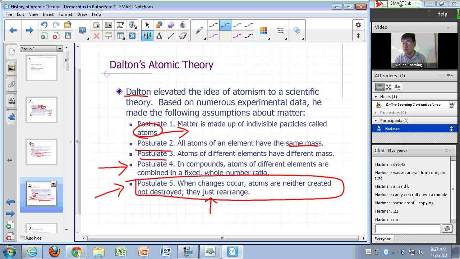But even that is no longer true, because we do know you can have unstable, radioactive nuclei. So postulate number 5 is also false. This is generally true for chemical and physical changes, and for chemical changes it's true if you don't consider the gaining or losing of electrons as destroying the atom.